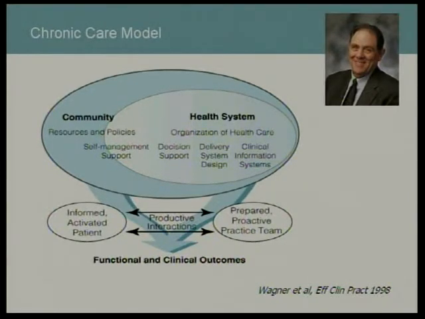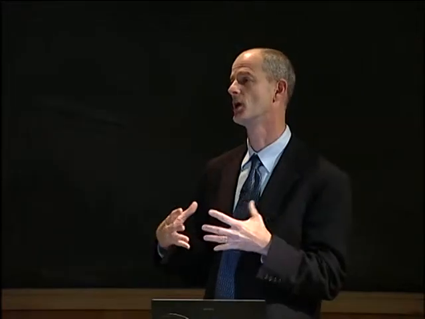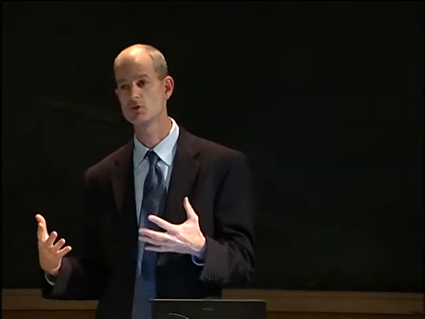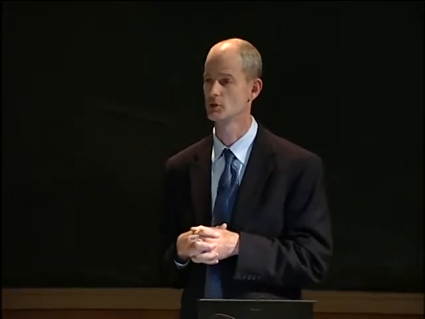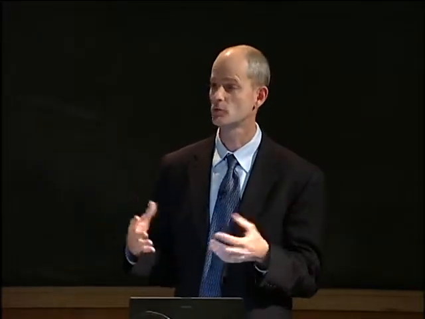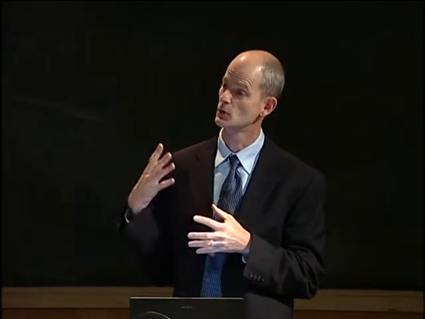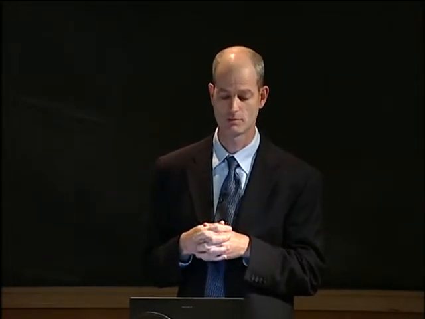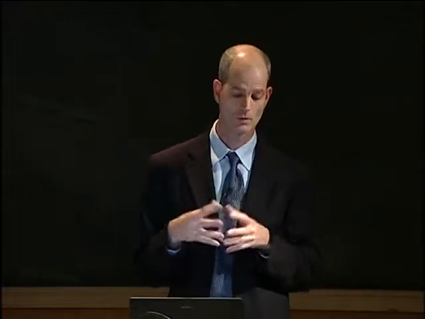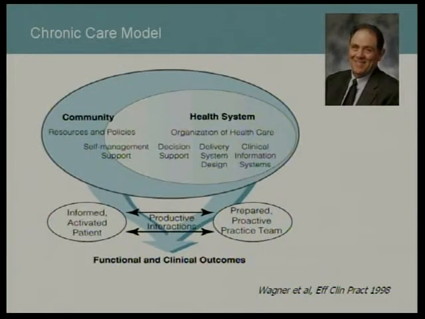And finally, within the health system, you need better self-management support. So that's providing patients with the skills and the confidence to be able to manage their condition, since most of these folks with chronic conditions are making the decisions in their own daily lives that affect their health and well-being. And finally, connecting with the community for resources that can better enable patients to take care of themselves.